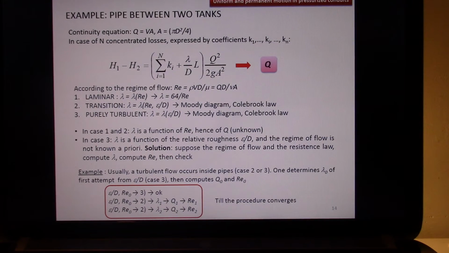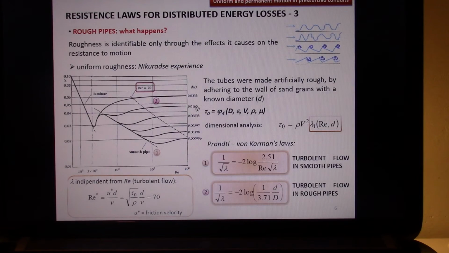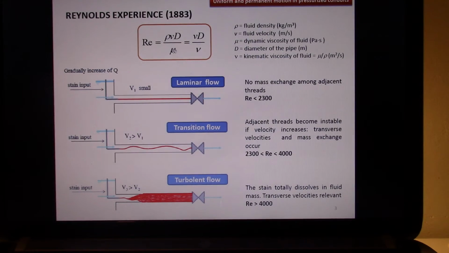For example, according to this reminder right here, if we are looking at case 1 or case 2, lambda is a function of Reynolds, and Reynolds is a function of Q, because Reynolds is, go back for a while, the density times the velocity of your flow times the diameter over mu, but there's the velocity.